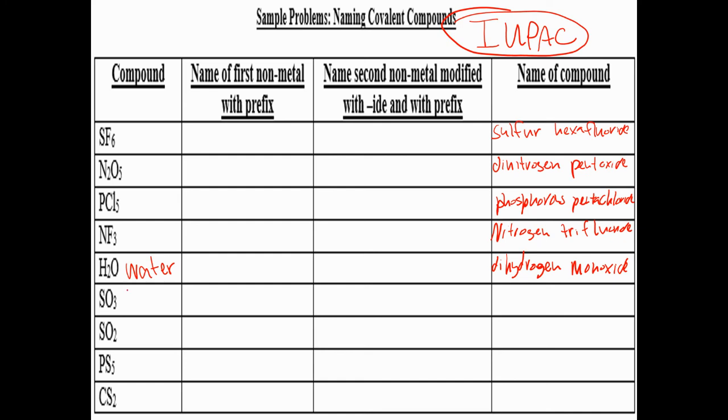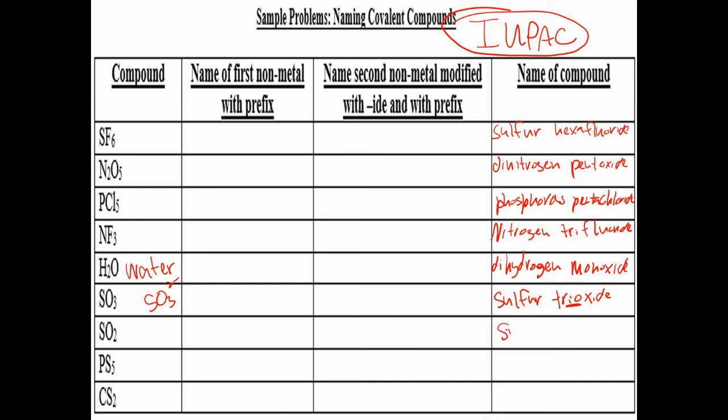SO3, there's no charge, so this is SO3, the compound, not the polyatomic ion, right? If it was a polyatomic ion, it'd be SO3 2-. This is SO3, the compound. So this is sulfur, there's 1, trioxide. Here there's 2 vowels that follow each other, but when it's an I and another vowel, you can keep them together, so trioxide.